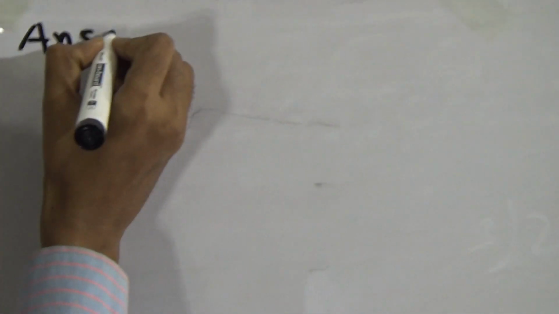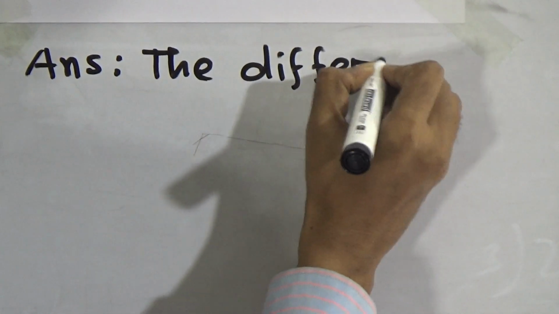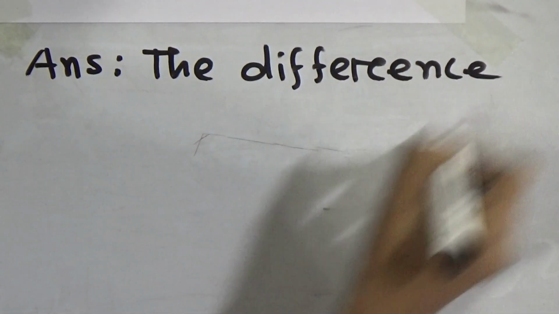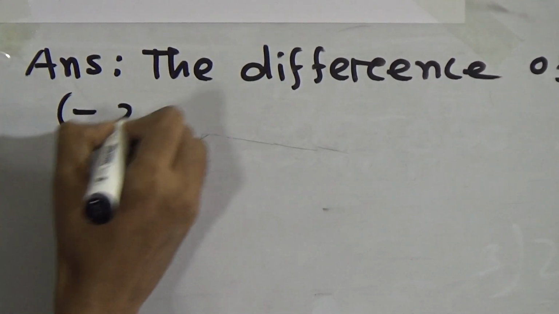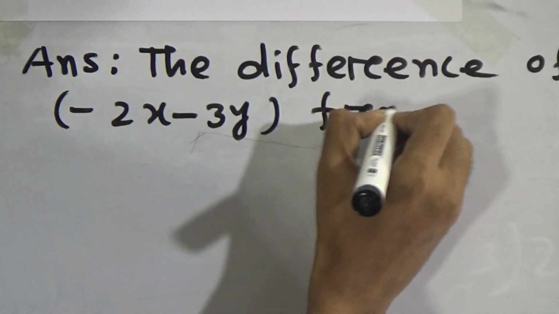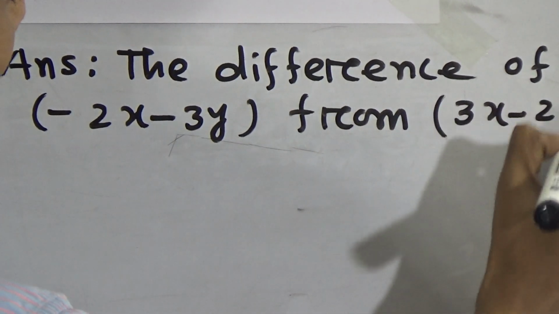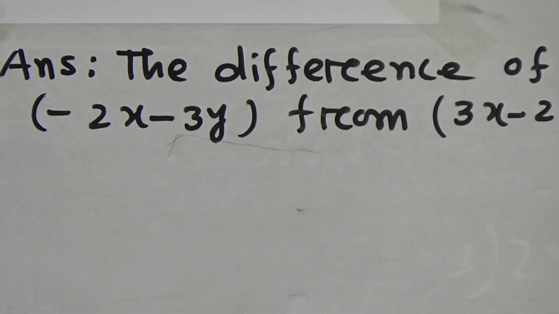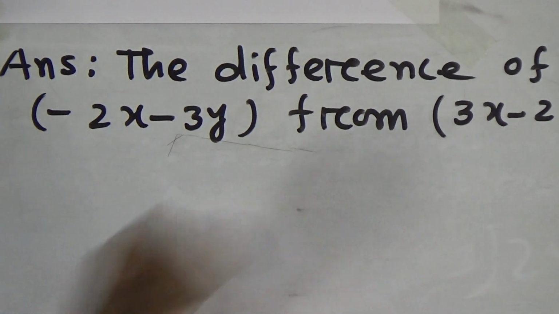Look, right. The difference of minus 2x minus 3y from 3x minus 2y.